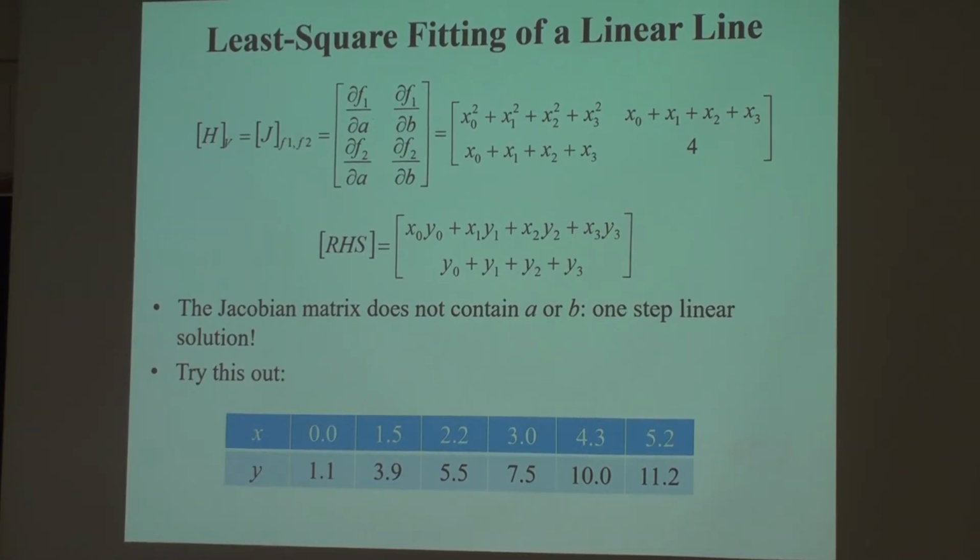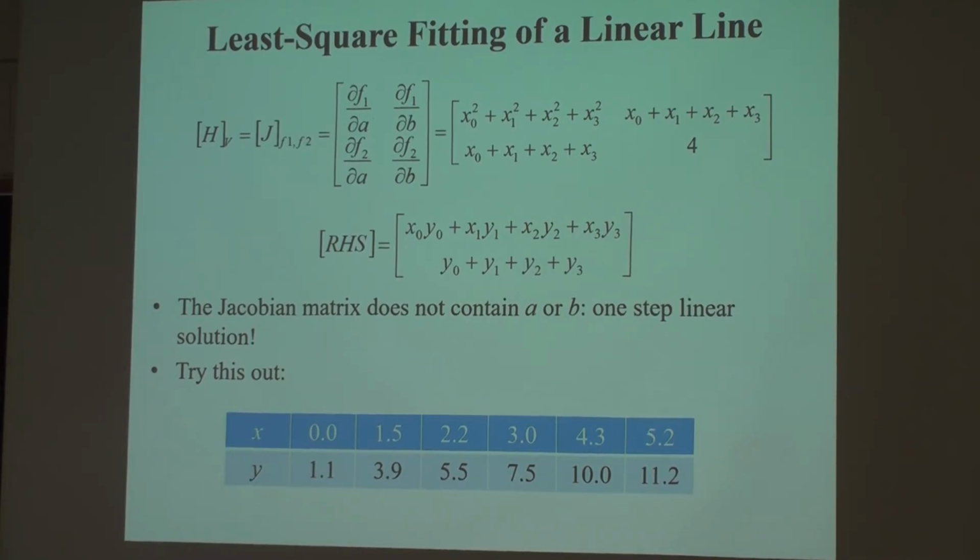Here I give 6 points; just change it to 6 points. Wait, you didn't give us the model. I generated this data by injecting noise into y equal to 2x plus 1. Are we supposed to know that? You usually don't.